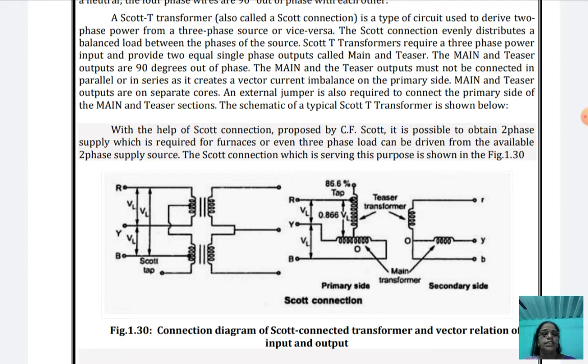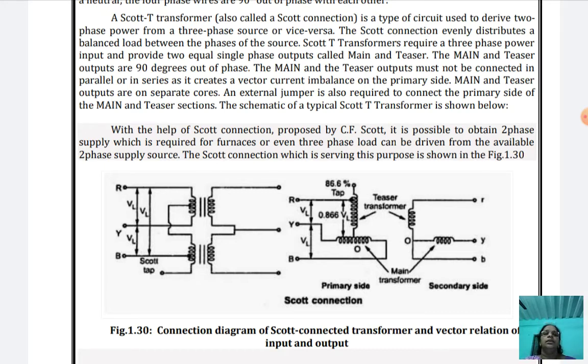Here you can see the T-set transformer and the main transformer. Two types of transformers are used in the Scott connection. The shape is nothing but the T only, that's why it's called the Scott T connection.